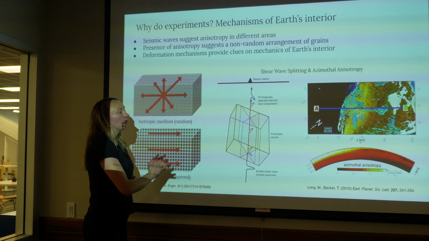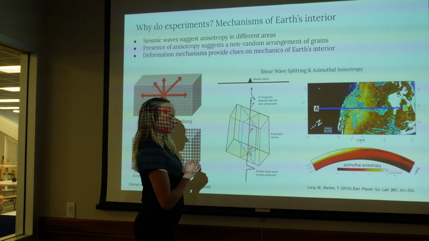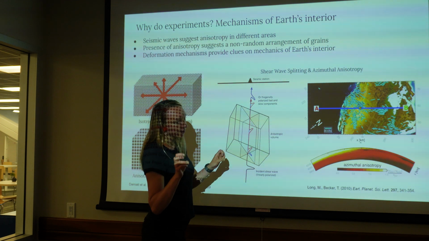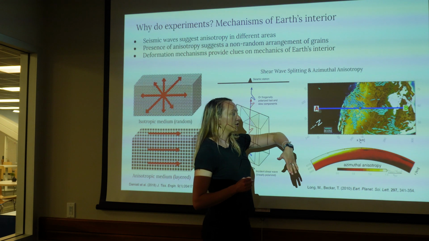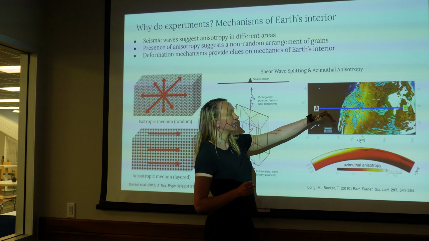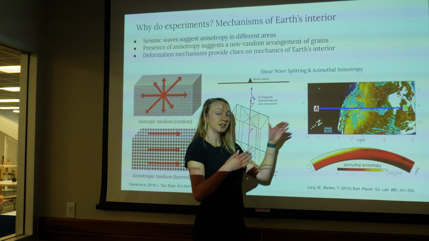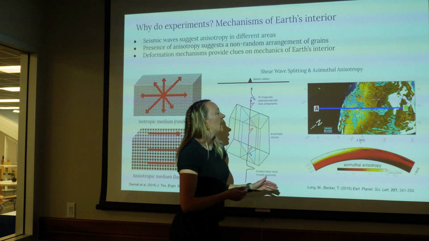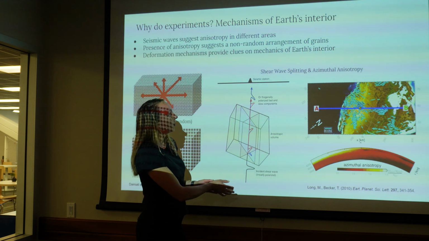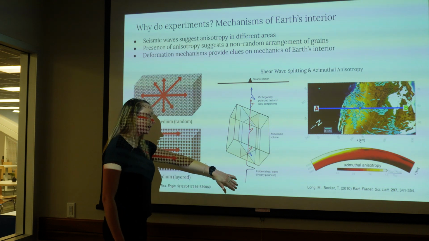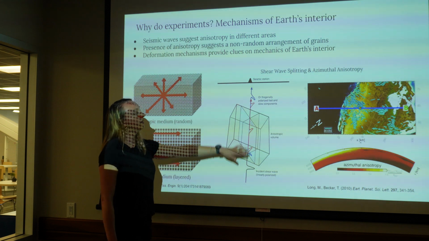One of the things we look at is what's called azimuthal anisotropy, which is how that anisotropy depends upon the azimuthal direction. That's the compass direction, east-west versus north-south, and it can be given to us by something called shear wave splitting, where a shear wave interacts with an anisotropic volume, and a shear wave is produced by an earthquake.